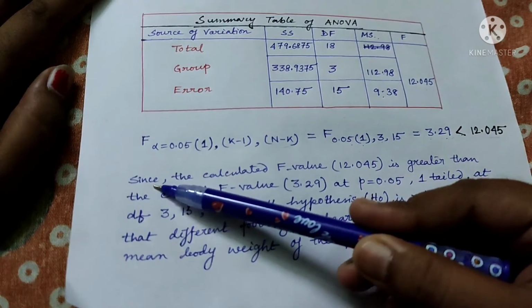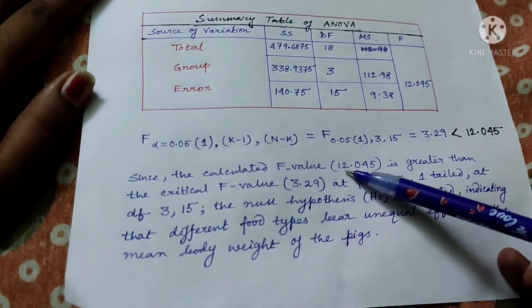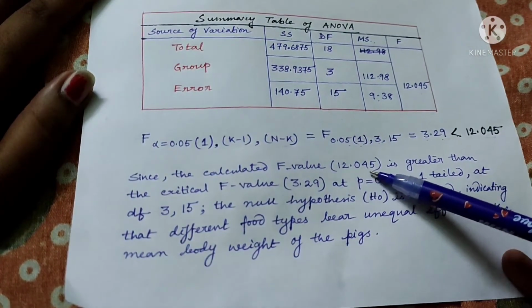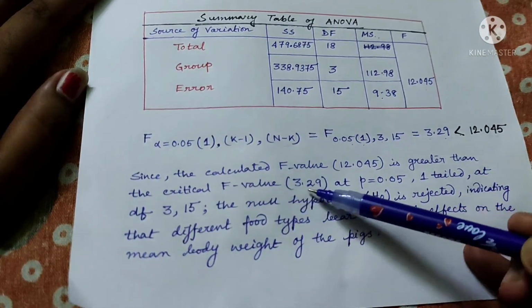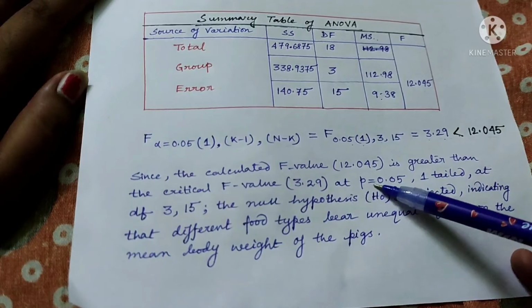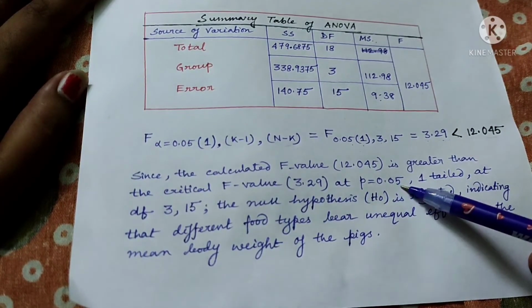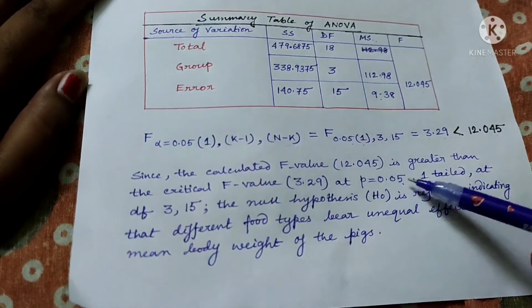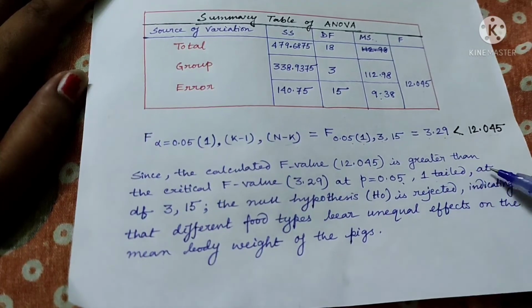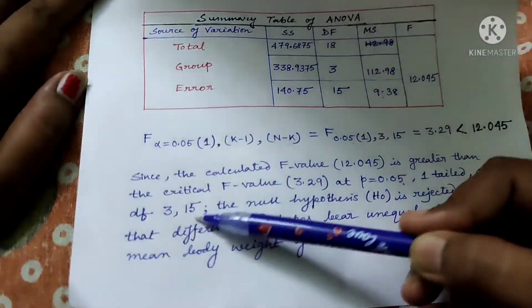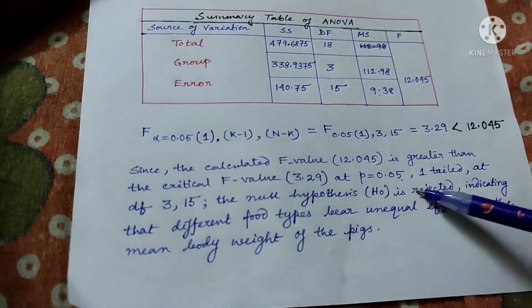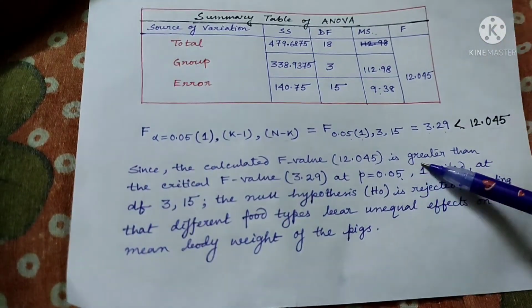Write it like this: since your calculated F value, 12.045, is greater than the critical F value or table F value, which is 3.29 at P equal to 0.05 or alpha equal to 0.05 for one tail test, at DF 3 and 15, the null hypothesis is rejected as it is greater.